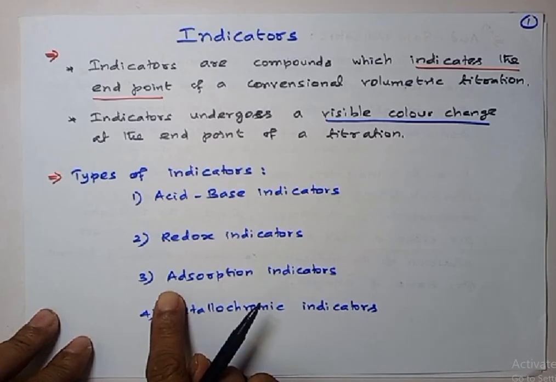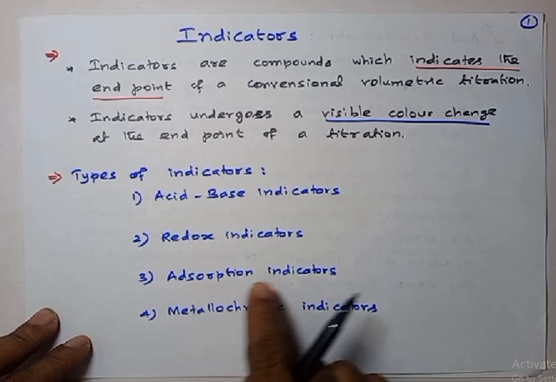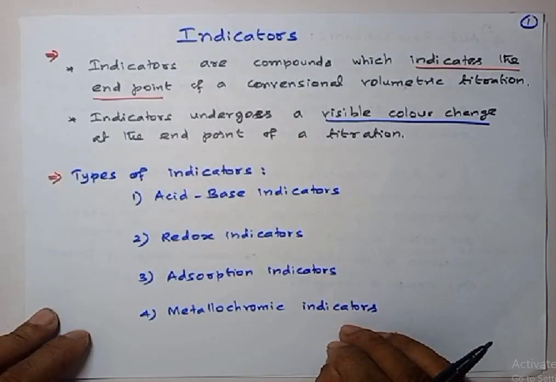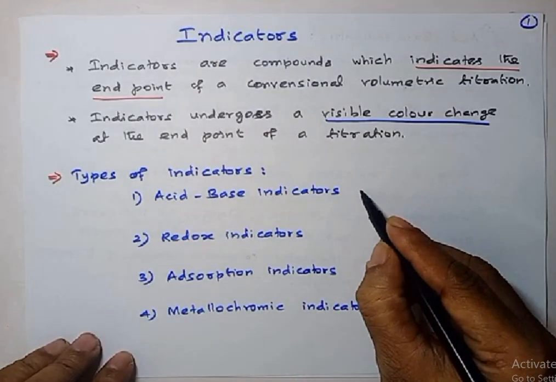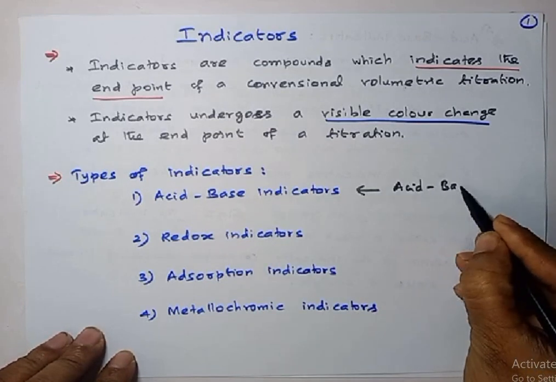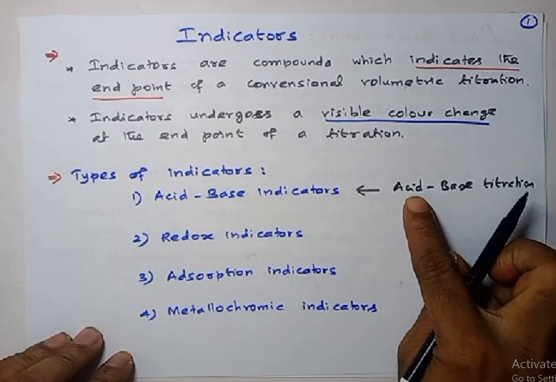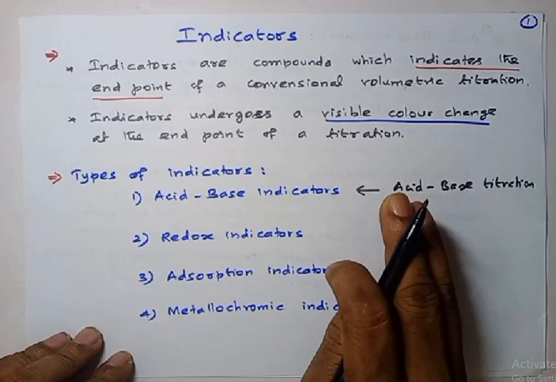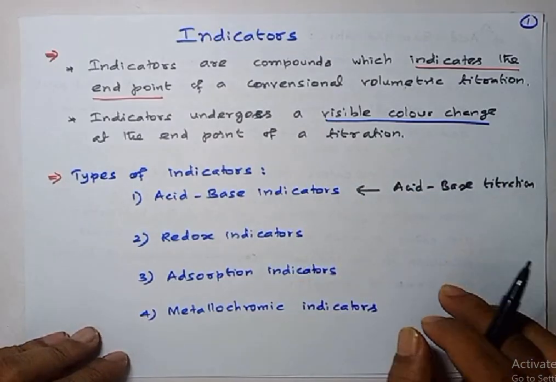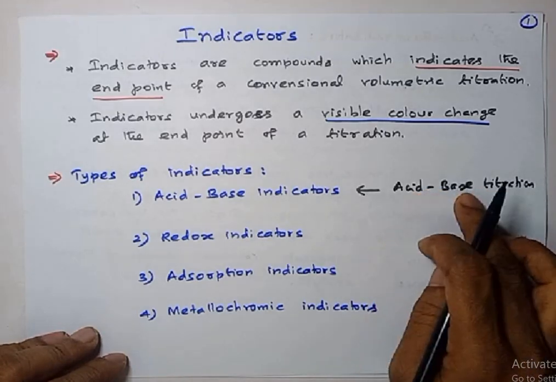Then we have a third type of indicators called adsorption indicators. What are these adsorption indicators? Listen, there are titrations called precipitation titration. See, acid-base indicators are used in acid-base titration. In acid-base titration, we use either acid or base as analyte, then base or acid as titrant. Then we do the reaction, and those reactions are called acid-base titration.